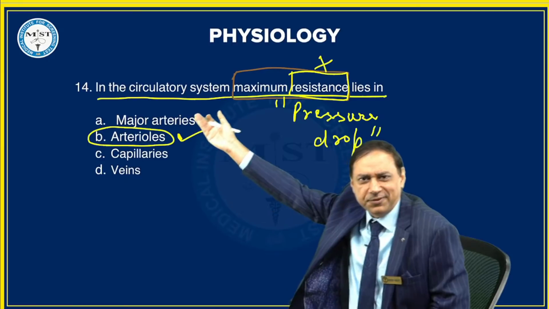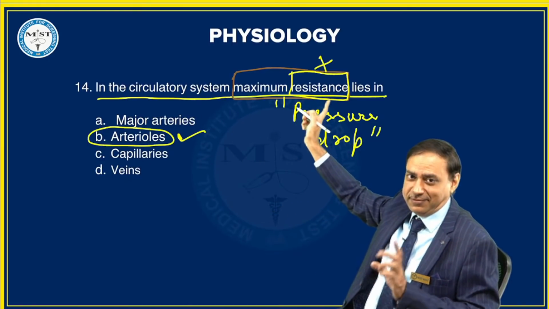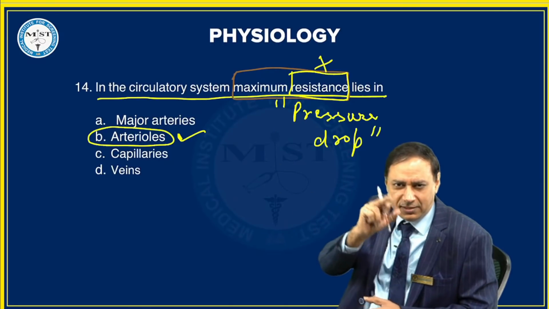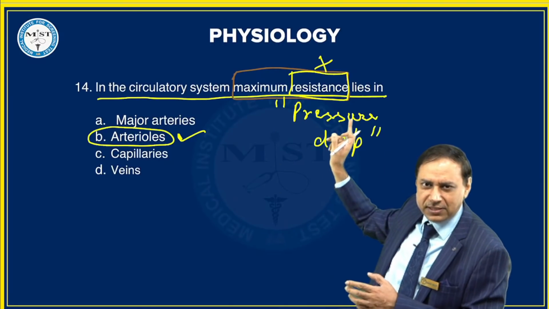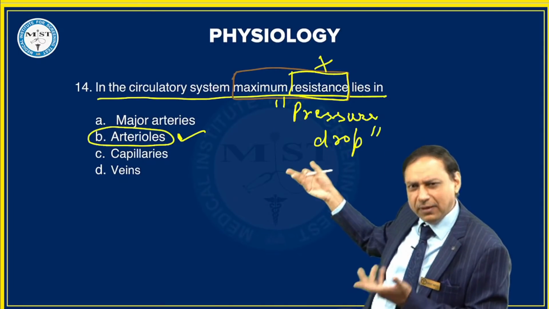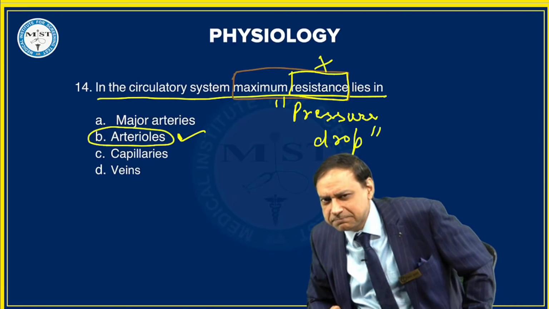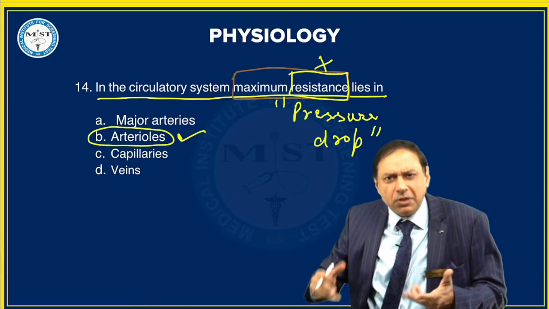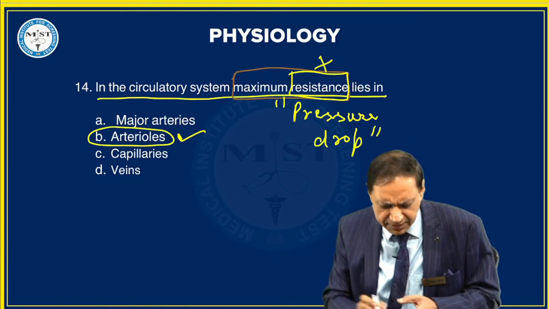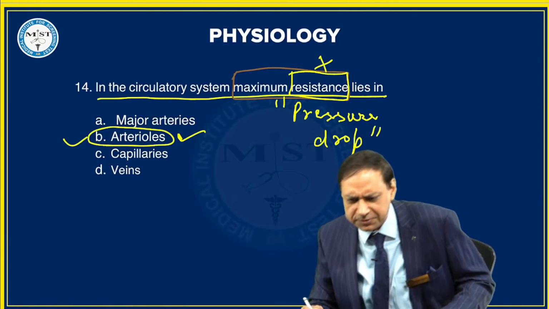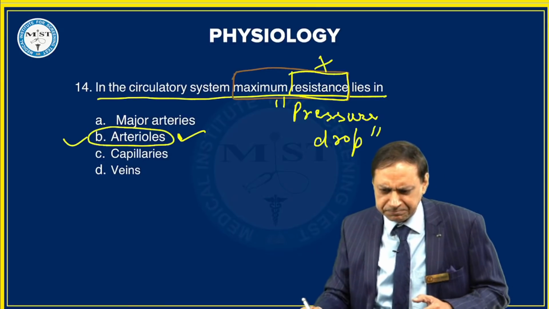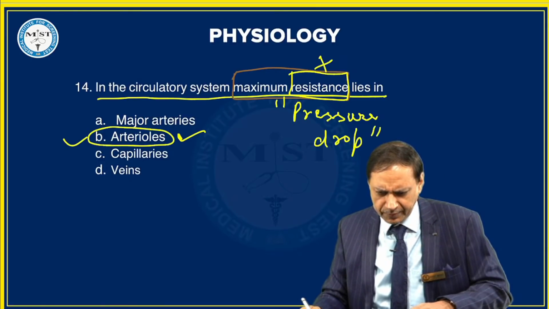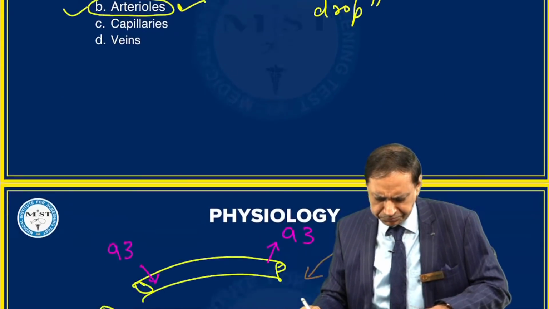If I am asking you resistance, you are able to answer that. If I make this slightly difficult and ask where is the maximum pressure drop, again the answer will be arterioles. Pressure drop occurs because of resistance. So where is maximum resistance? Arterioles. This is okay.